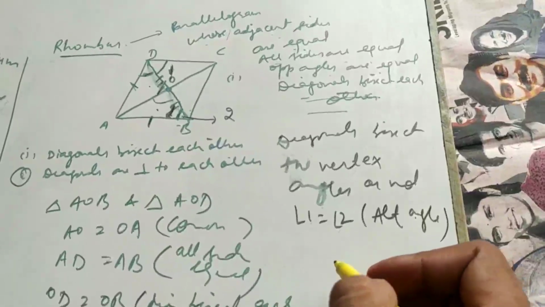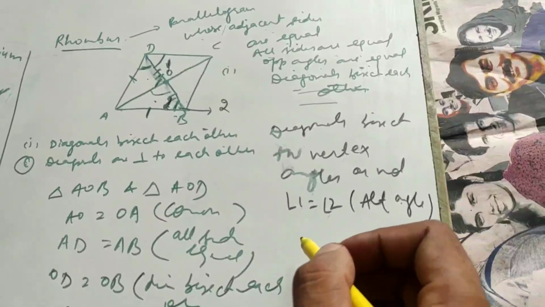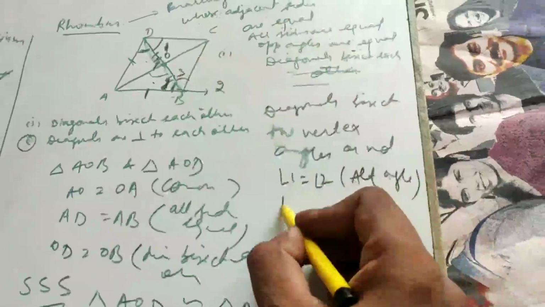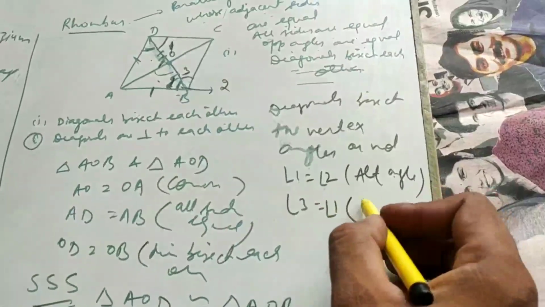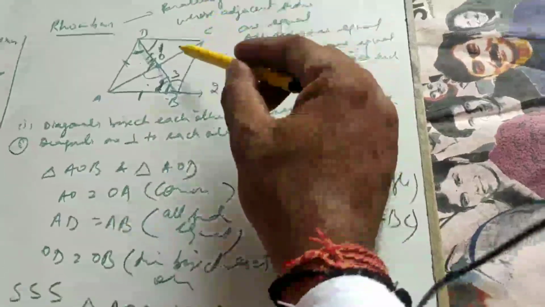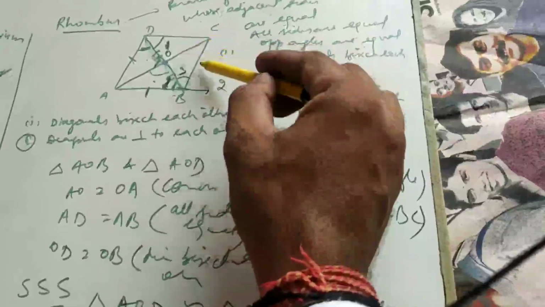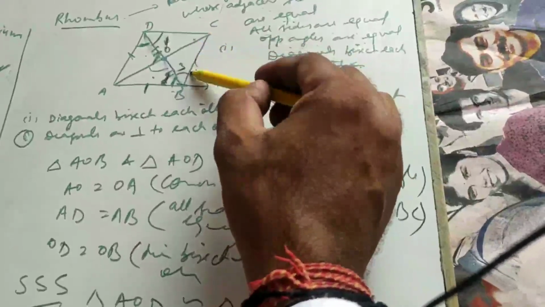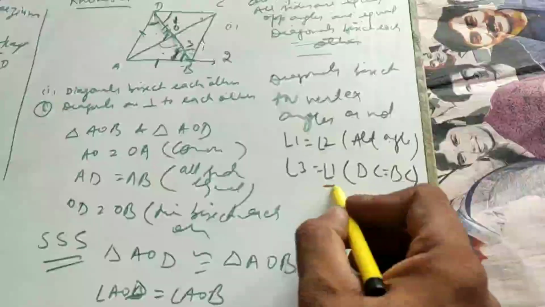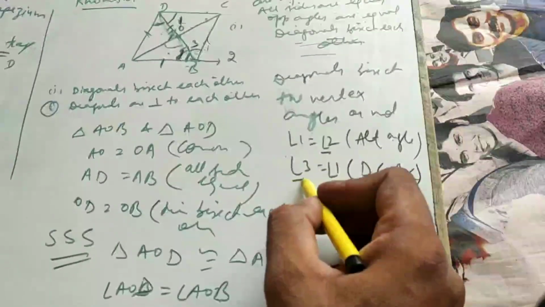Also, angle 3 is equal to angle 1, because DC is equal to BC. All the sides are equal, so triangle CDB is an isosceles triangle, and these two equal sides give equal angles. So angle 1 is equal to angle 2 and angle 1 is equal to angle 3.